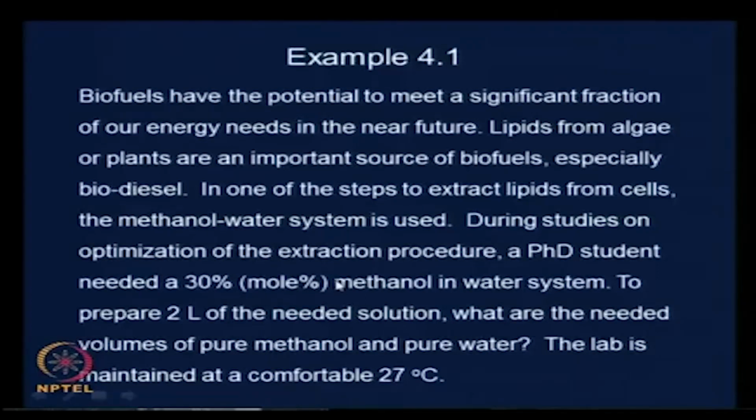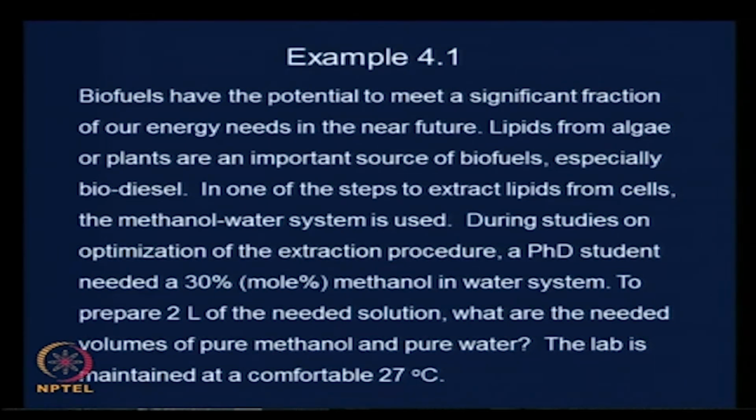Today let us start out by working a problem to estimate the partial molar quantities. It is a problem of current significance. Example 4.1: the biofuels have the potential to meet a significant fraction of our energy needs in the near future.